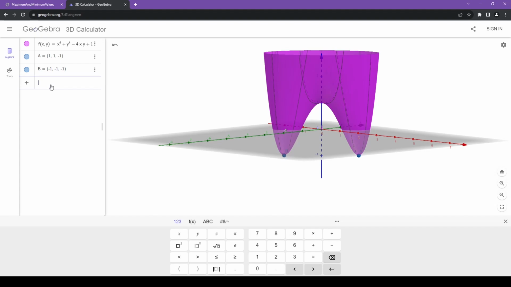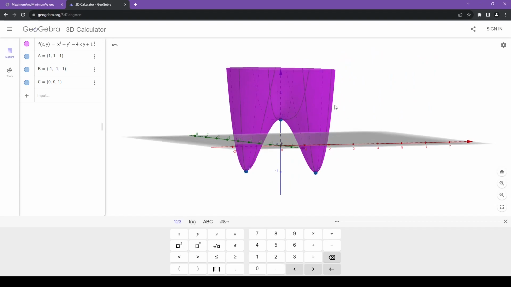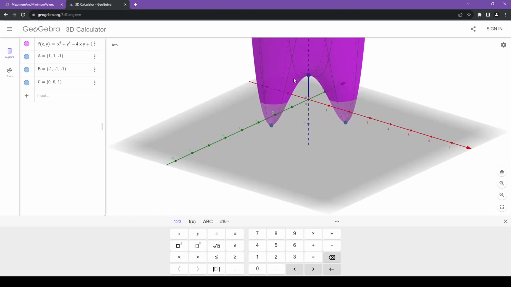And then the other point of interest to us is this point here in the middle, kind of at the center of the pants shape, where we have at the seam a saddle point. Okay.